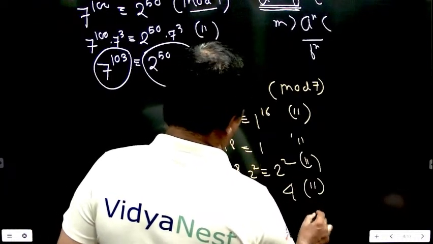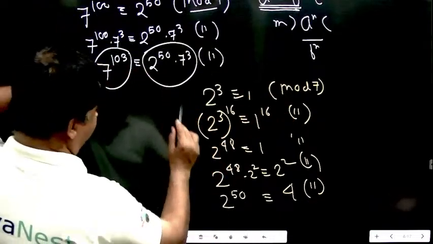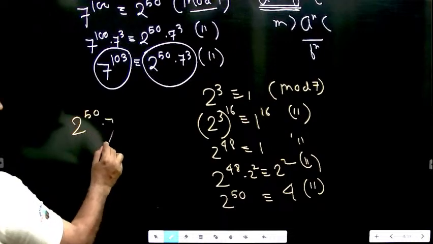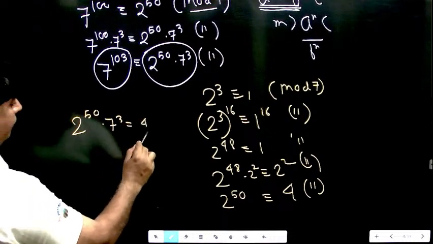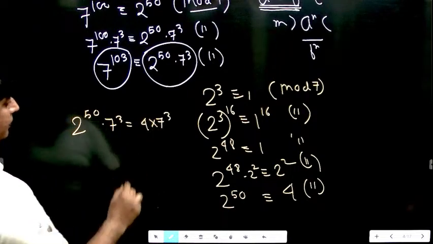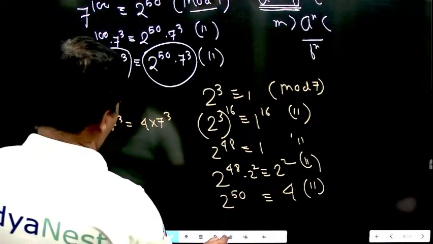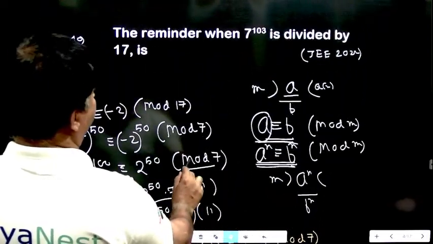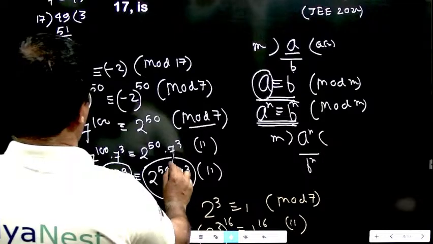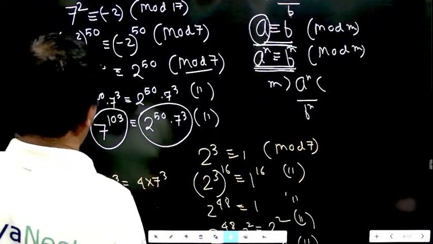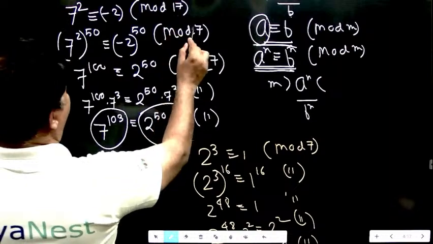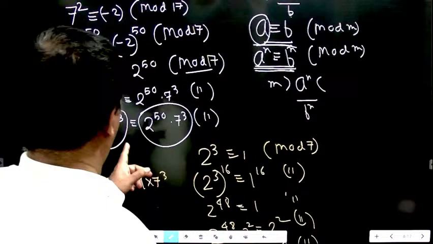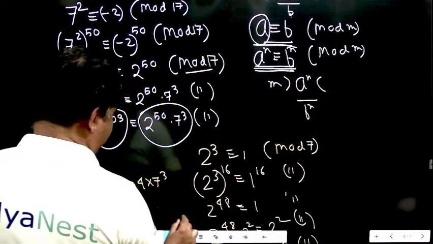Therefore, 2 to the power 50 into 7 cube will give you 4 into 7 cube. See, there is one mistake. I wrote 7, but it is 17. So there is some mistake.